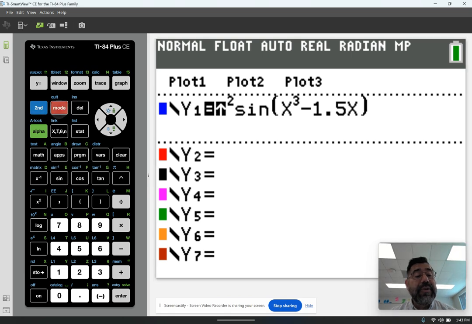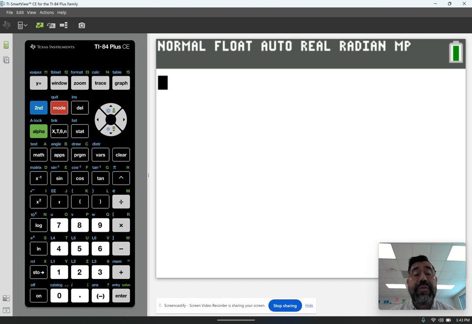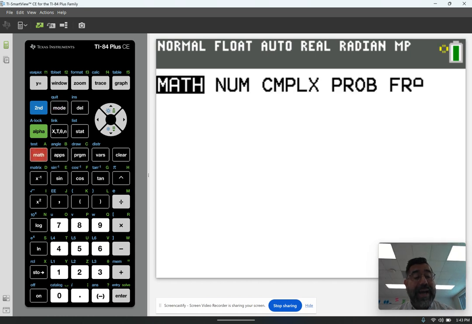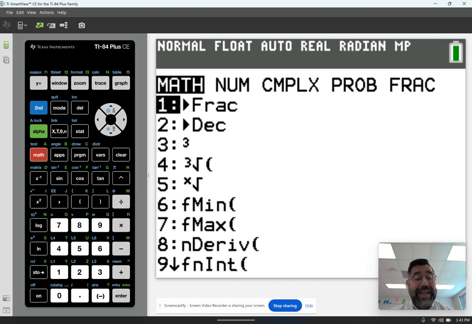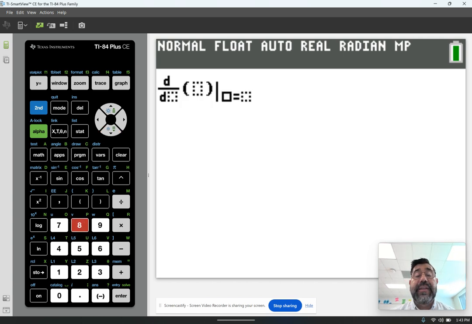So I go back to my home screen, and now I'm going to run the numerical derivative. If you press math, option number 8, you can go down to number 8, or you could just press the number 8, and you're going to get this setup. So I have my formula in terms of x. d dx means take the derivative with respect to x. And normally I would just type in the formula here, but since I saved it in y1, why don't I just call up y1?